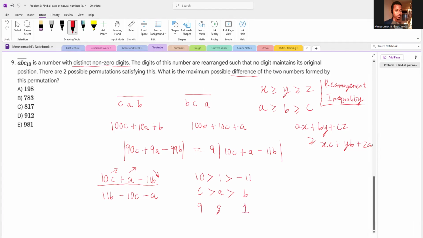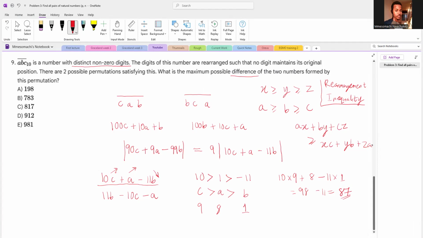In this scenario, we have 10 times 9 plus 8 minus 11 times 1. This is 90 plus 8, so 98, minus 11, which equals 87. So this is the maximum possible value of this.